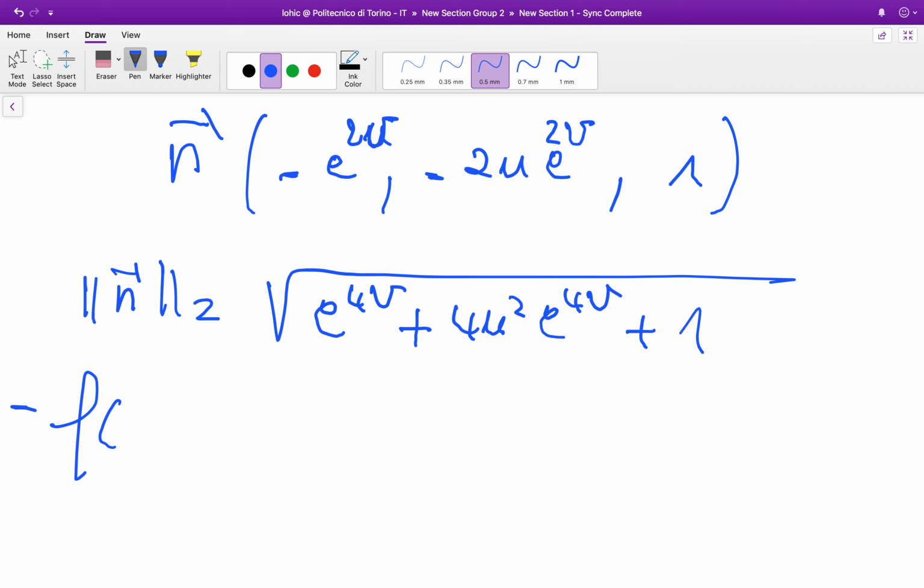So now the next step is to write the function at sigma uv multiplied by the modulus of n.